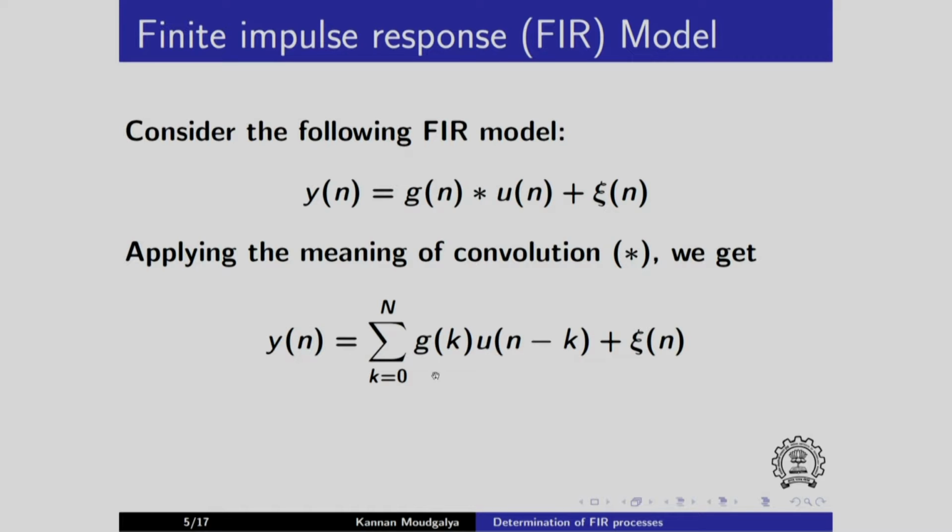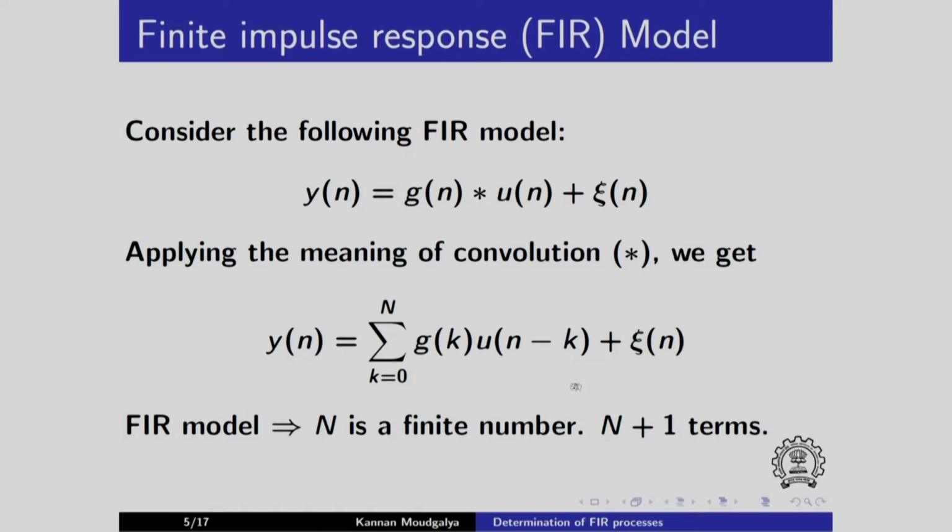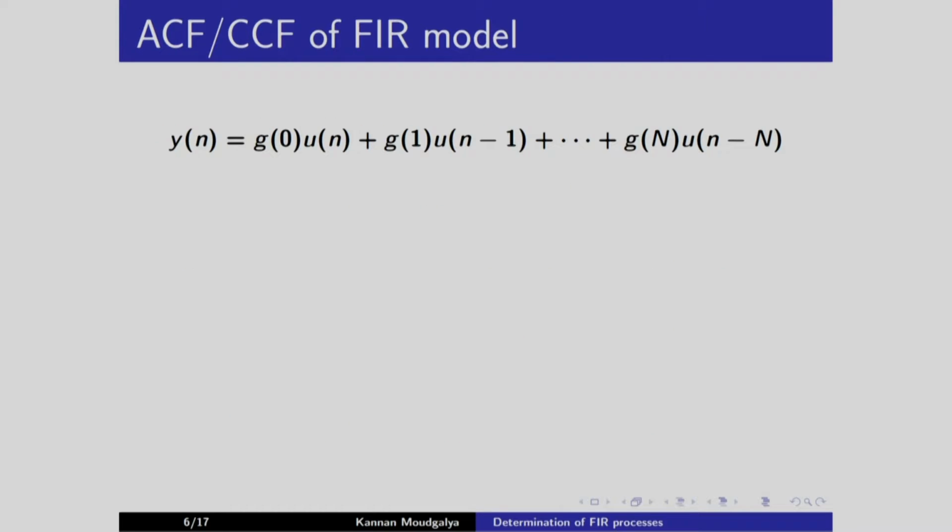We get this where we have assumed G to have n plus 1 non-zero entries starting from k equals 0 all the way up to k equals n. Because n is a finite number, we call this a finite impulse response model, and there are n plus 1 terms in this summation. Now let us expand this.